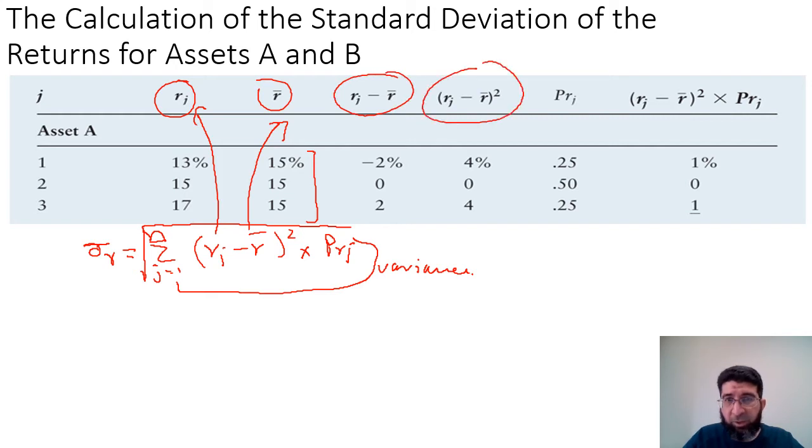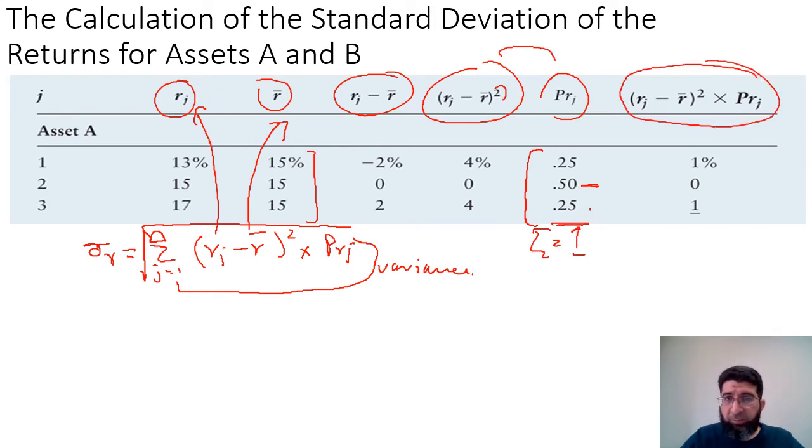Then we have the square, and then we multiply by the probability: 0.25 for pessimistic, 0.5 for most likely, and 0.25 for optimistic. The sum of these probabilities is equal to 1. When we multiply these terms together, we get 1%, 0, and 1, and the total comes out to be 2%.